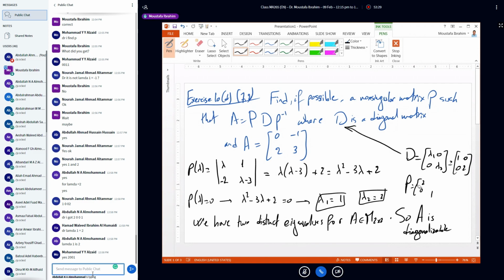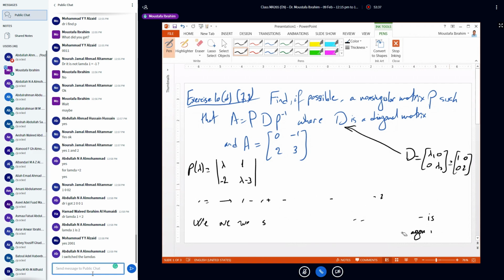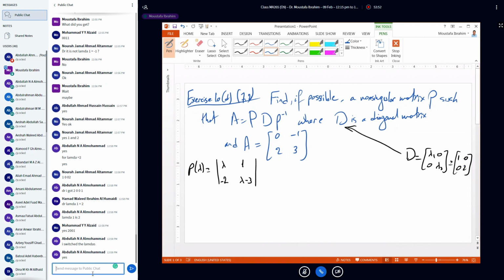Okay, let's check if it's correct. So let's find V1. We need to find the eigenvector, which means you substitute 1 instead of lambda. No problem. If you switch, then you have to switch here, you put 2 and 1. So if lambda 1 equals 1, put 1 instead of lambda: 1 - 2, -2, 0, 0.